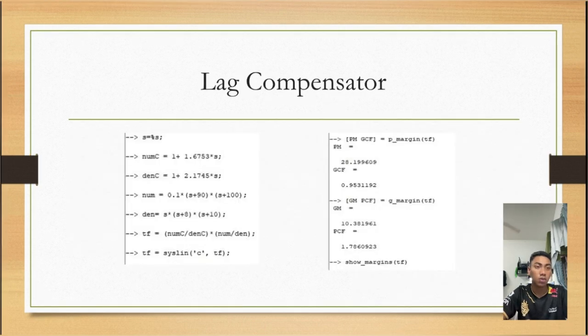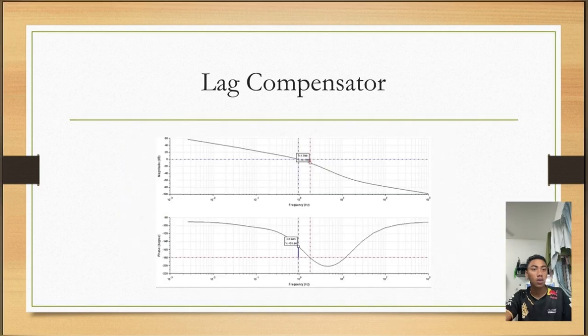Okay, next, for the coding, we use Scilab and put in the answers for pole and zero, and we get a phase margin of 28.199 and a gain margin of 10.38. This is the graph for magnitude and phase.